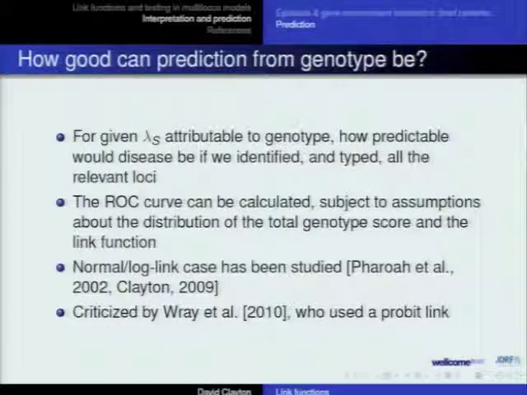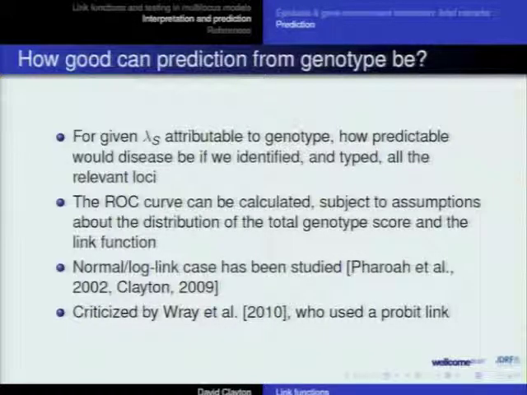And here, the simple idea is, if you fix the heritability, and here I'm measuring heritability in a rather different way from the previous speaker. This is being measured in terms of so-called lambda S, which is the recurrence risk in a sibling of an affected person divided by the population risk.